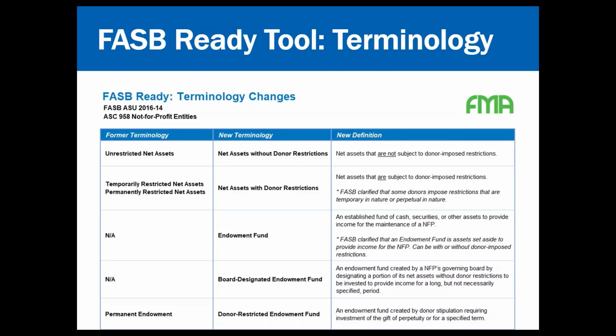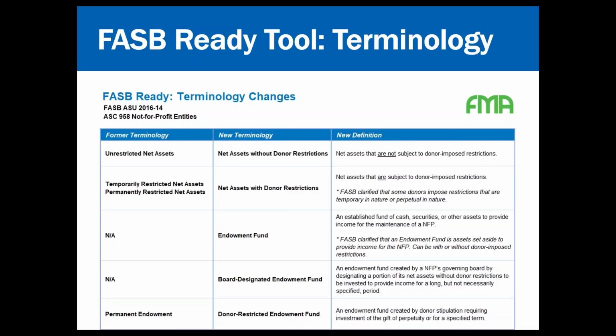For me, when I'm learning something new, I always like to know, well, what was it called? So it's helpful to know, for instance, what is the former terminology, what is the new terminology, and is there a new definition? Because some of these definitions have a slightly different meaning today in the new FASB.